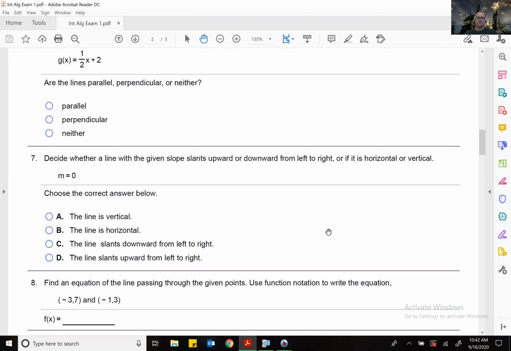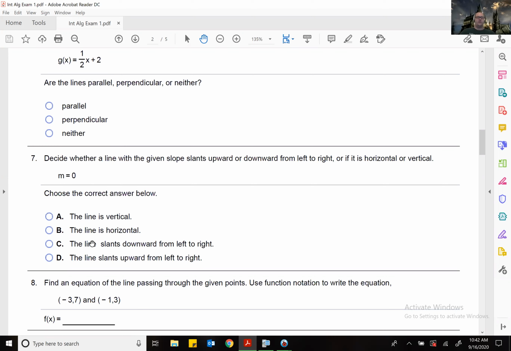What is it? Infinity. It's not infinity. Because all these lines technically go to infinity. It's a U word. Undefined. All vertical lines have a slope of undefined.